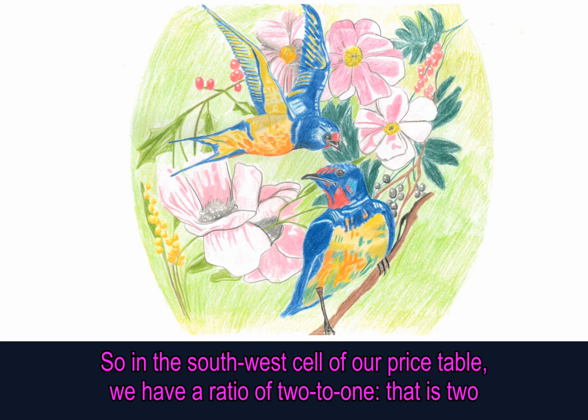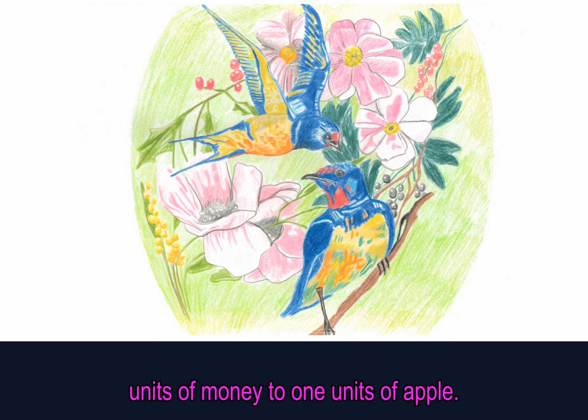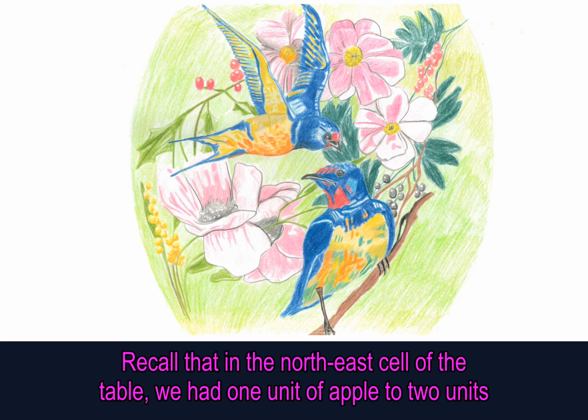So in the southwest cell of our price table, we have a ratio of 2 to 1. That is 2 units of money to 1 unit of apple. Recall that in the northeast cell of the table, we had 1 unit of apple to 2 units of money.